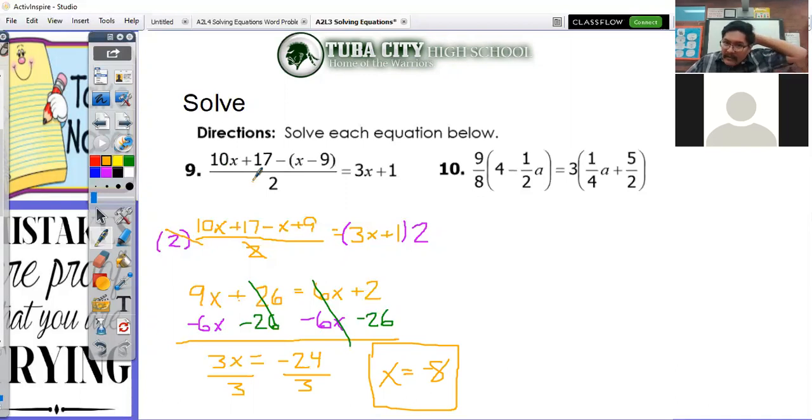So number 10, we have another problem where we have a number of fractions. Ooh, man. I don't think this one's nearly as bad as the other one, but still. I know these fraction ones oftentimes have a lot of stuff going on with them. So I'm going to turn this into a fraction, put a 1 under it.